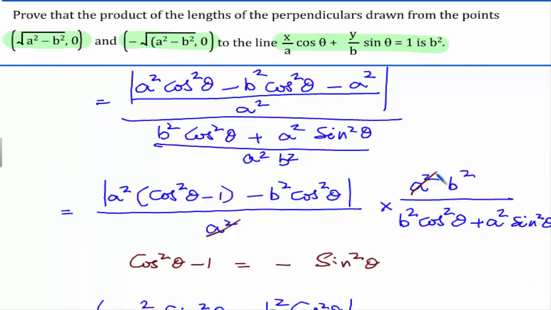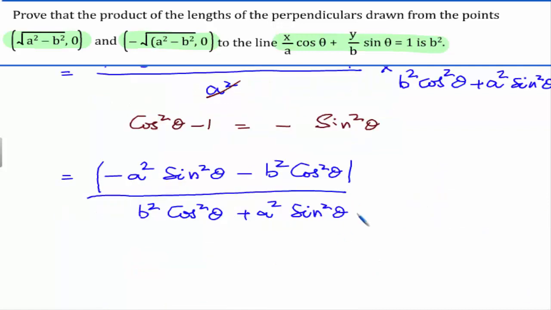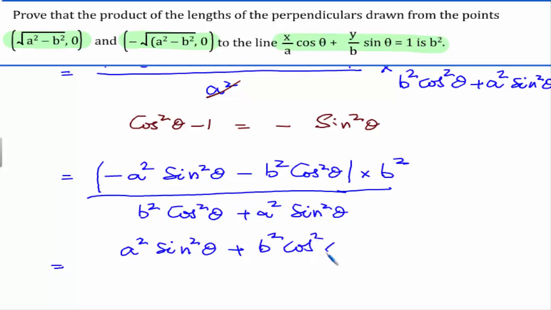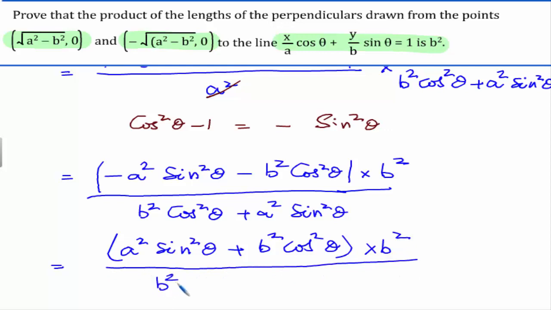But here when we cancel only a square, b square is left. Let us write in the numerator, that is. Now this whole thing becomes positive, then we get a square sin square theta plus b square cos square theta into b square, this is in the numerator, by b square cos square theta plus a square sin square theta in the denominator.